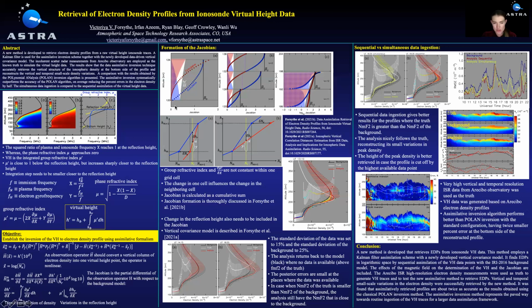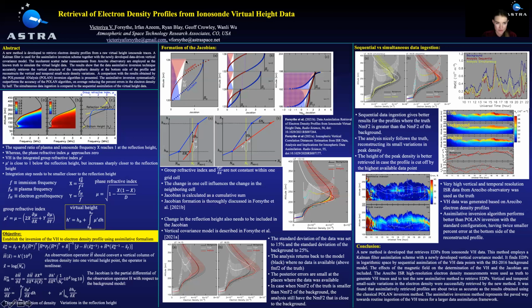But also the change in one grid cell influences the change in the neighboring cell in this d mu prime dx. So in order to account for this change at the neighboring points, we introduce some height dependence to d mu prime dx. For example, these white bars would show its influence on the bottom portion of the grid, and the red bars would show its influence on the upper portion.